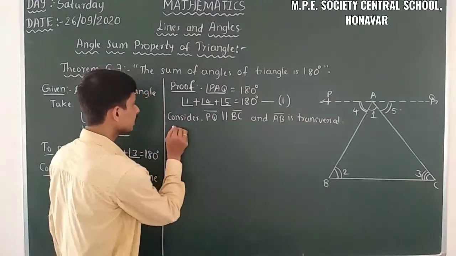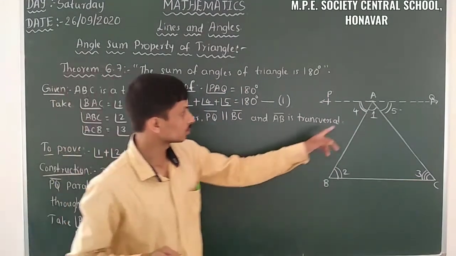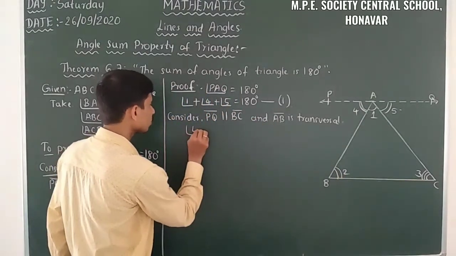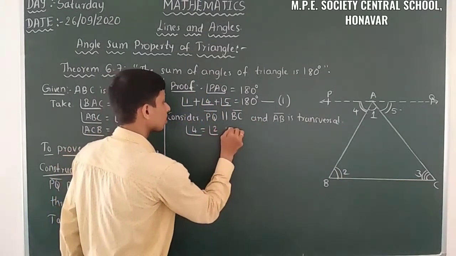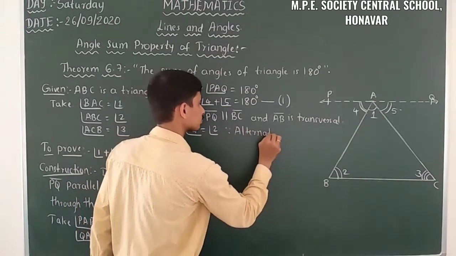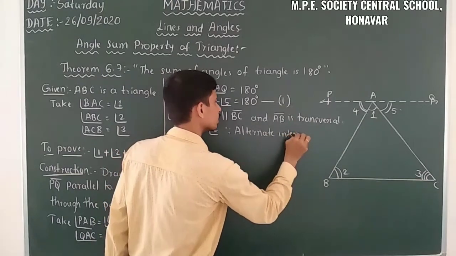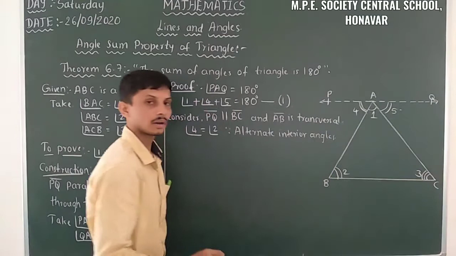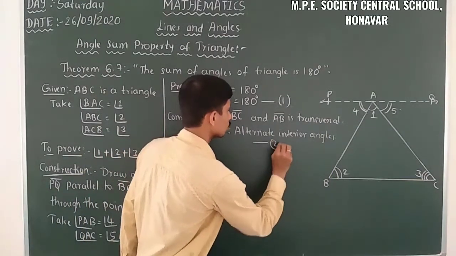Then alternate interior angles are equal. So here angle 4 is equal to angle 2, because they are alternate interior angles. I will take this as equation number 2.